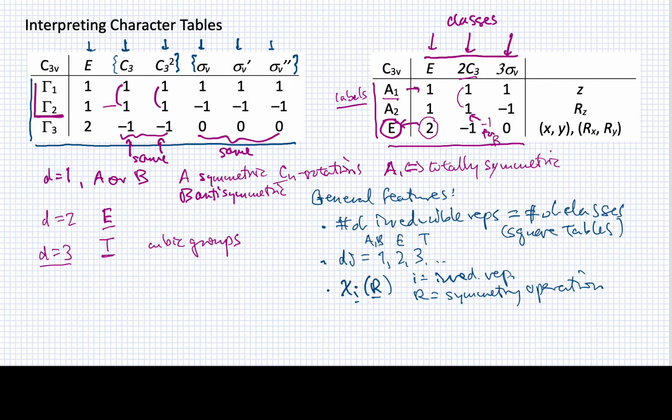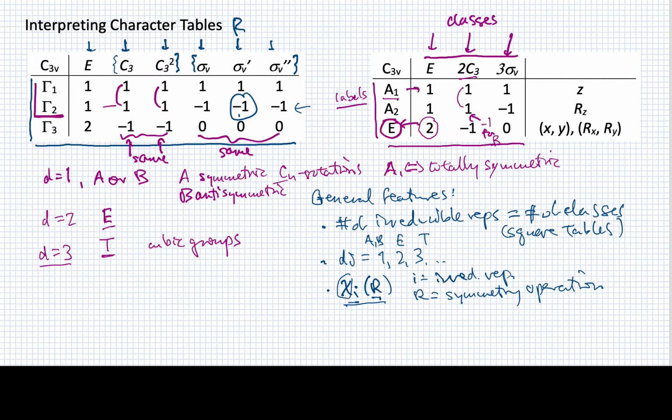All right, so this is just a notation that we'll typically use, but these represent the various entries in this table. So chi sub I refers to which row it's in, R refers to which column it's in, and this is the character that's actually listed in that position.